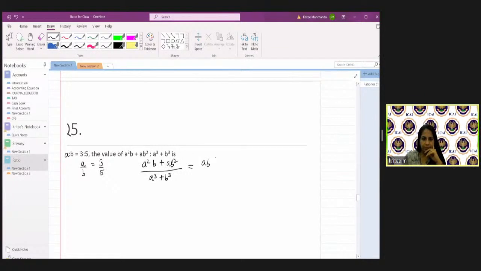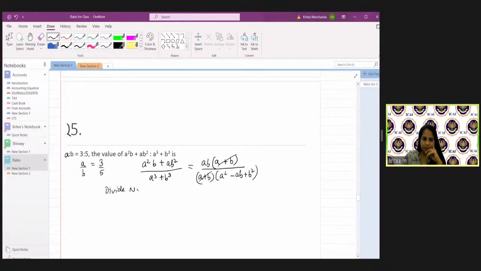I take AB common out here. I have A plus B here. And A cube plus B cube can be represented as A plus B, A square minus AB plus B square. And you might be wondering what good it is going to do. A plus B gets cancelled out.